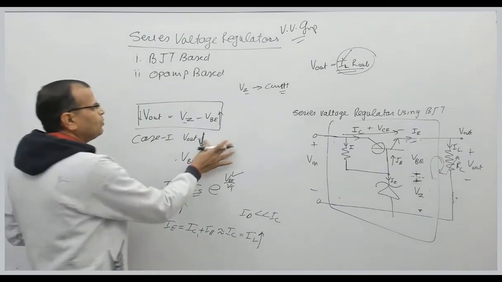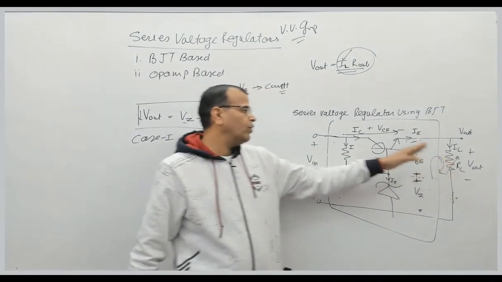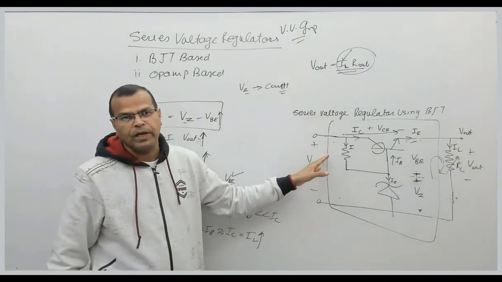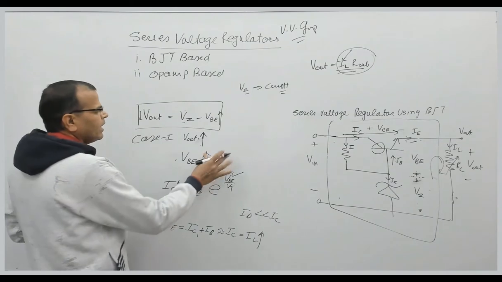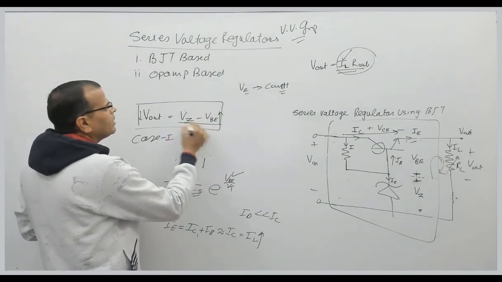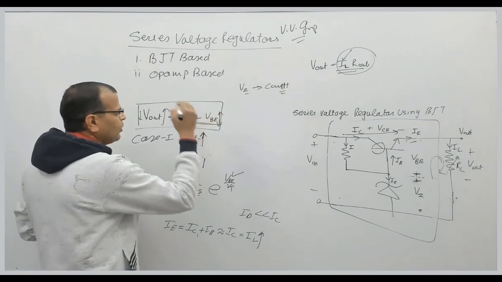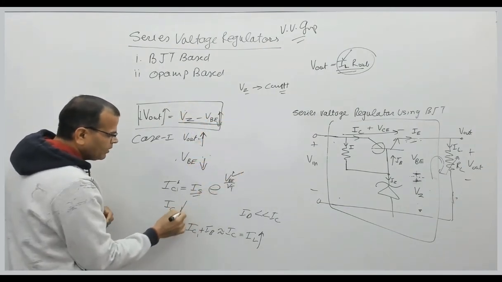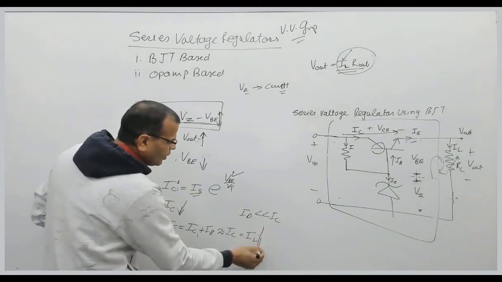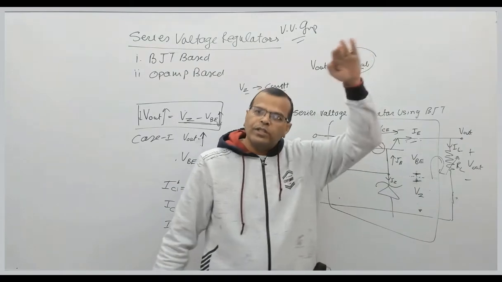Similarly, suppose output voltage is increased. How can output voltage increase? Either by increasing load resistance or because of an increase in input supply. Suppose output voltage is increased due to any reason. In that case, to maintain this, if this increases, VBE must be reduced. If VBE is reduced, collector current is reduced, and if collector current is reduced, load current is reduced, and if load current is reduced, the output voltage is reduced.